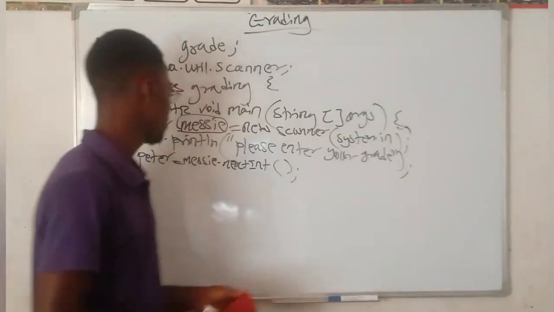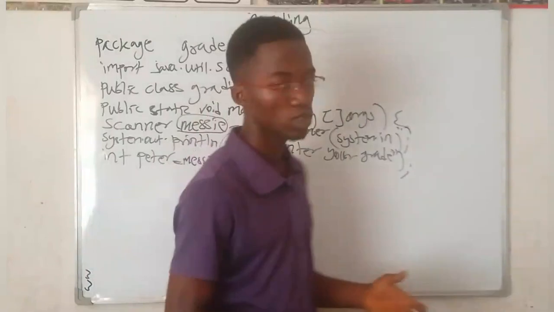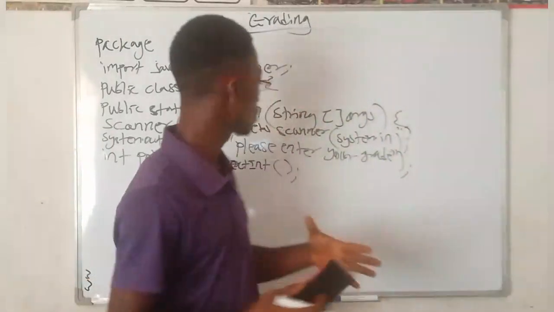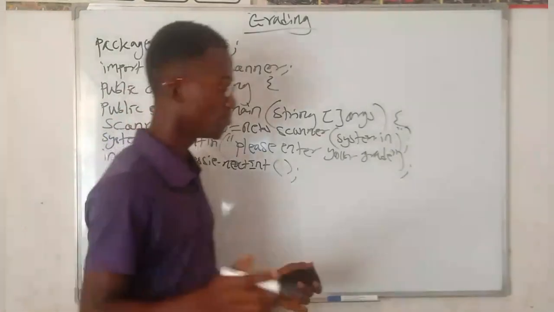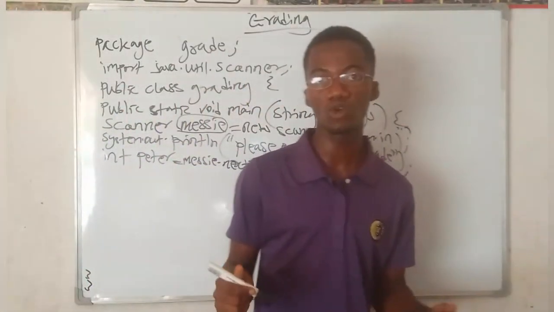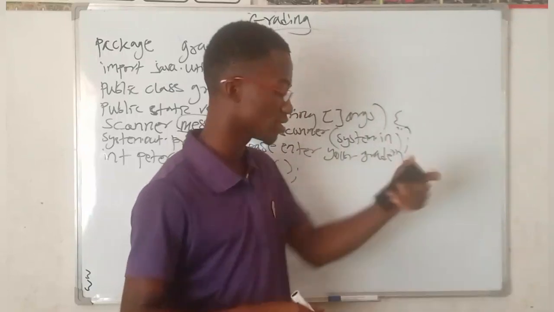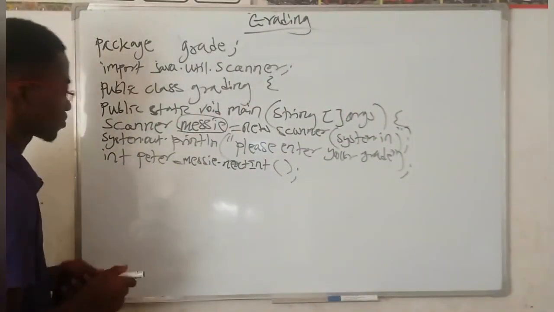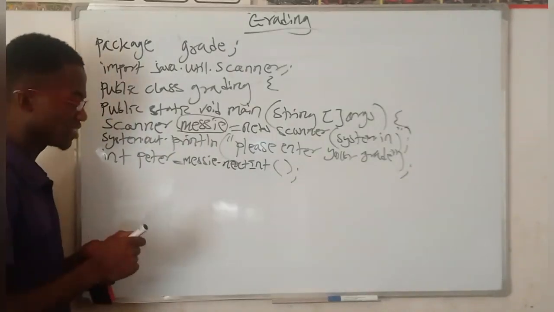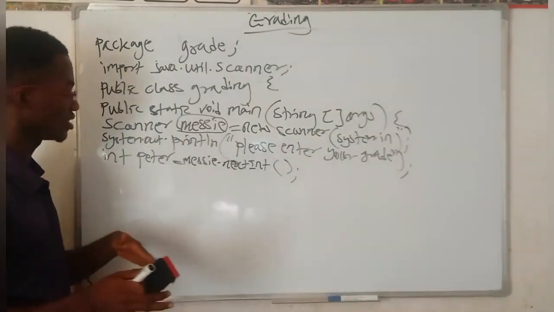Now in this system, we are going to use a particular conditional statement, which is the if-else statement. Don't worry, we'll be talking about conditional statements in the next tutorials. Now, we're going to talk about the if-else statement. You want to pass a statement.